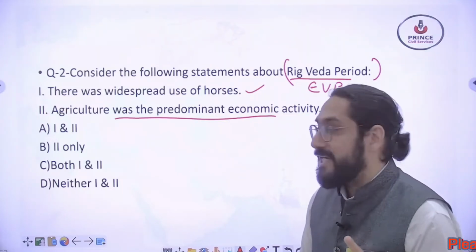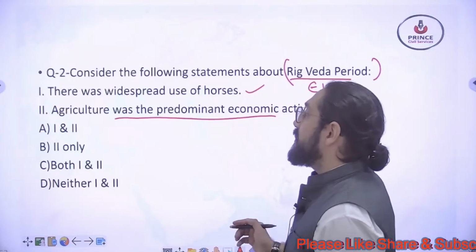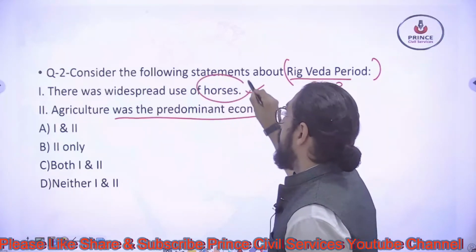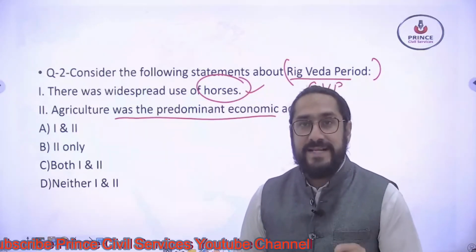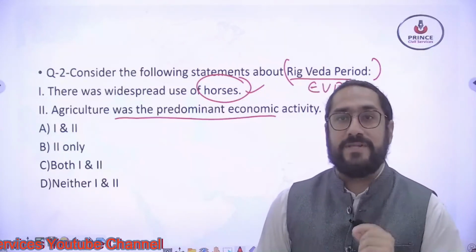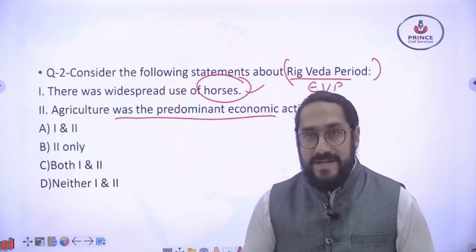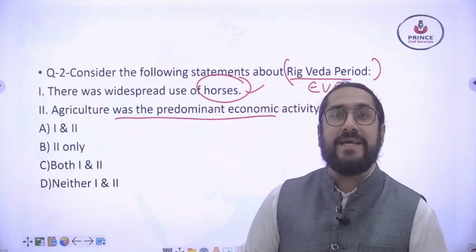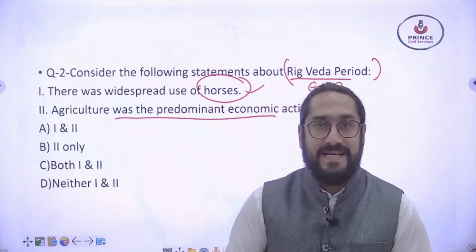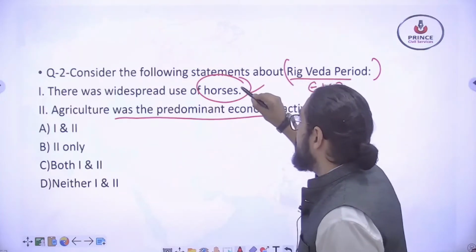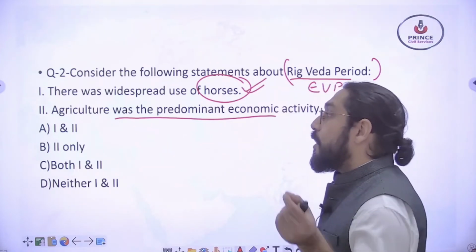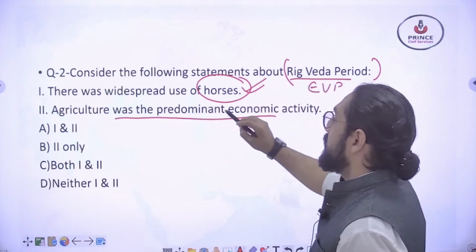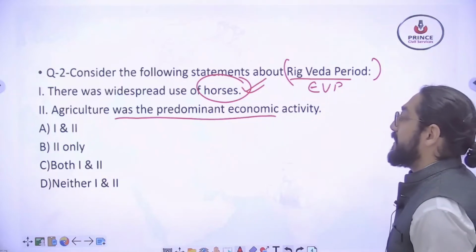It is a right statement, because we all know there was widespread use of horses. The horse was the major reason for the success of the Aryans. Please always remember, the main animal was the horse during the EVP. Now let's look at statement number 2: agriculture was the predominant economic activity.